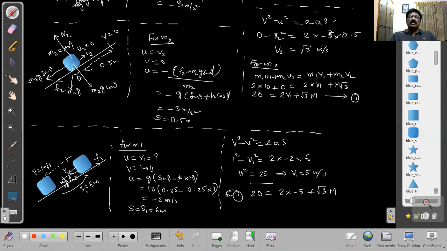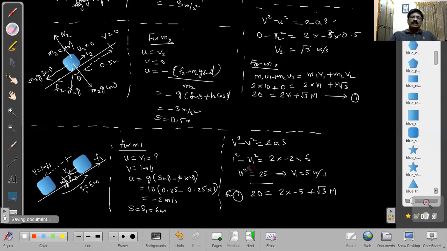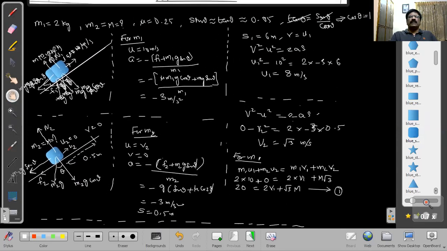Okay, you see, in equation 1, what is the velocity u1? Here u1 means before making collision, the first body acquires a velocity equal to 8 meter per second. We got 8 meter per second here.